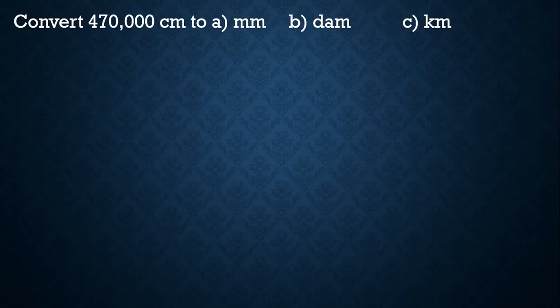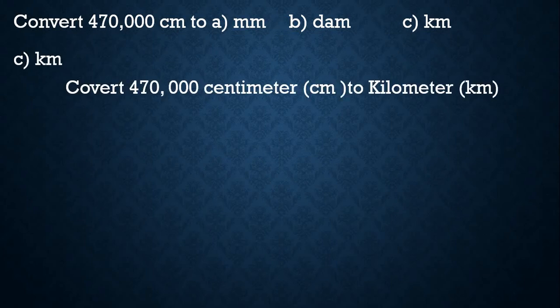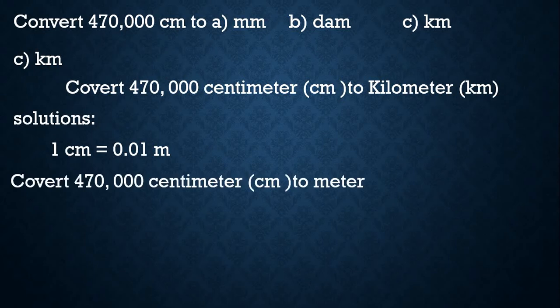So lastly, let us convert 4,700 centimeter to kilometer. Okay, our goal is to convert 4,700 centimeter to kilometer. Now let's have the conversion of centimeter to meter, which is 1 centimeter is equivalent to 0.01 meter. So again, let us compute it.